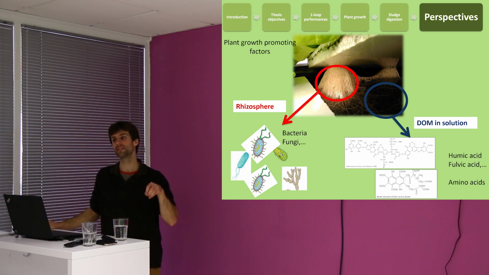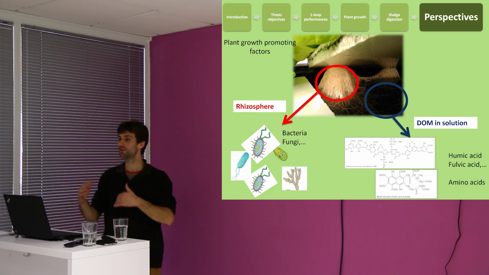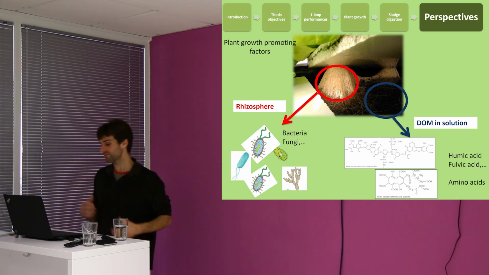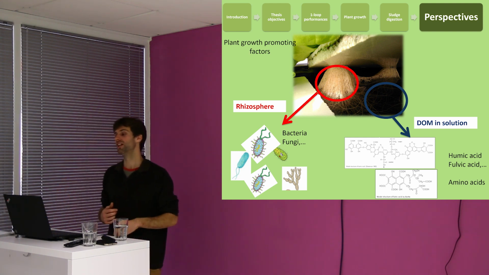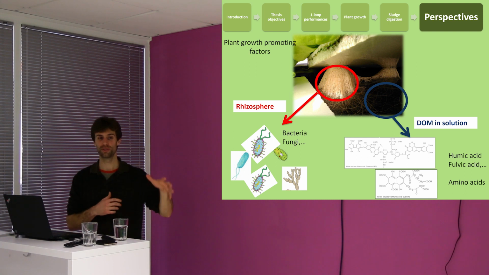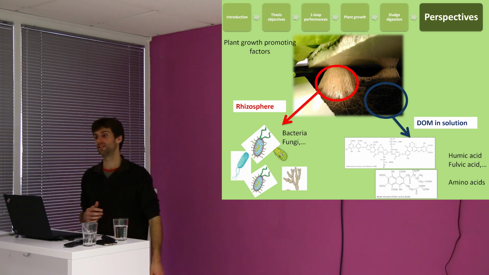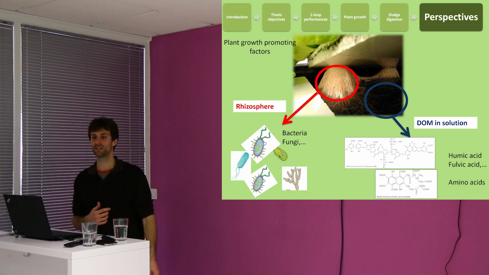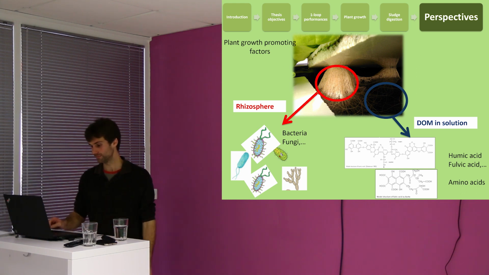Maybe the plant can uptake some amino acids. So here we are really at the limit of the knowledge, and we need more fundamental research about this. And there is now a PhD student carrying on this kind of research in our lab.